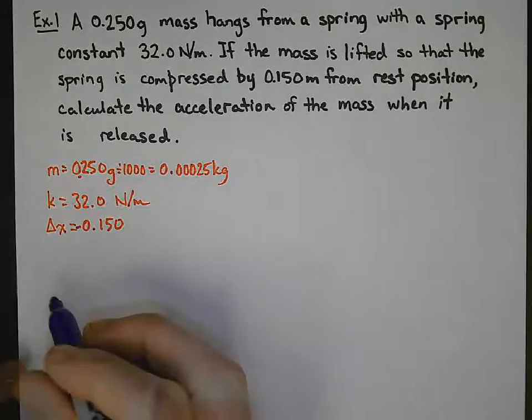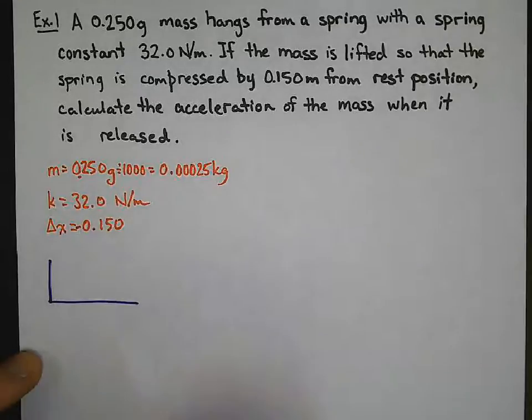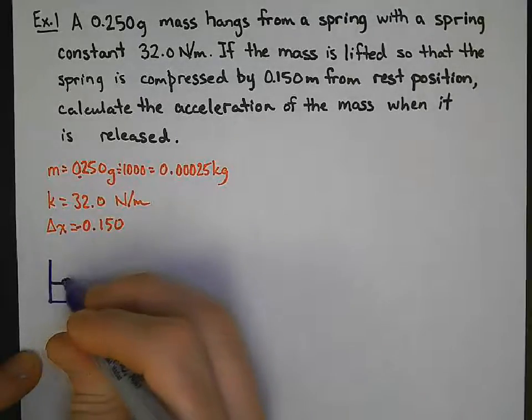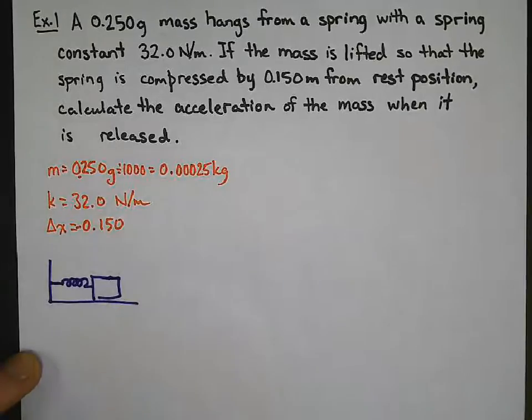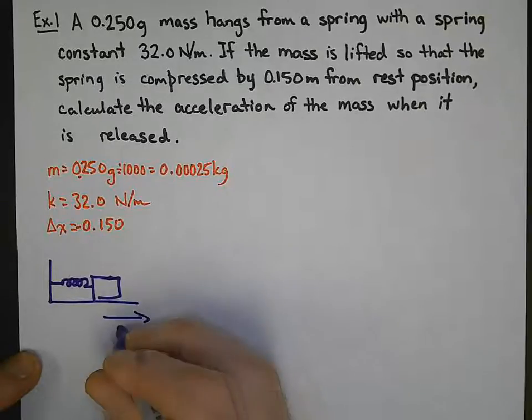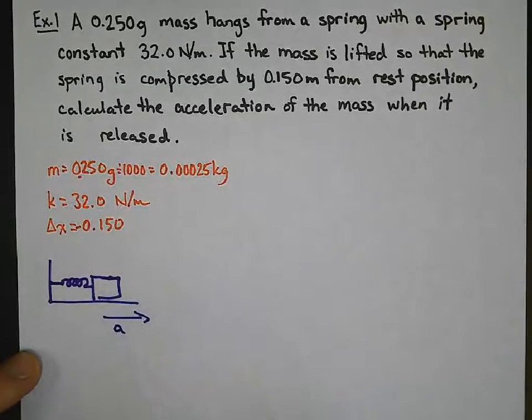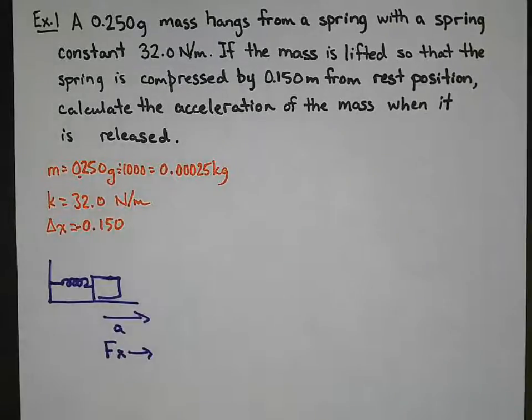If we think about this scenario here, similar to what we were just drawing, we have our spring, and this mass is going to be released. So it is going to be accelerating forward. That is where our acceleration is going. At the same time, this means that the spring force is the only force acting on the mass, which is going forward as well.